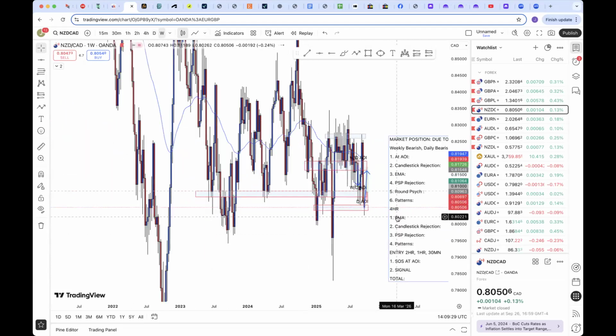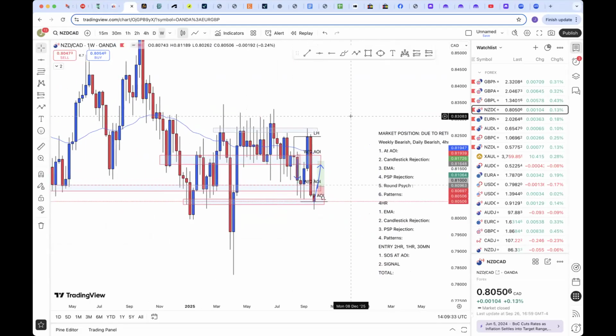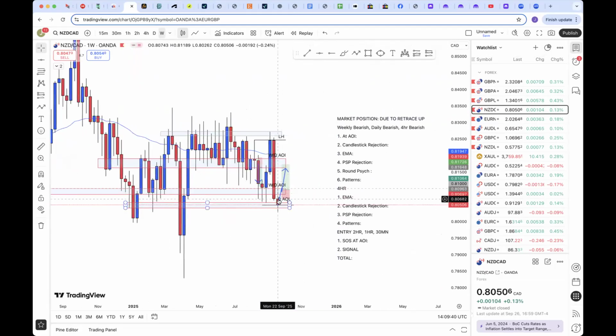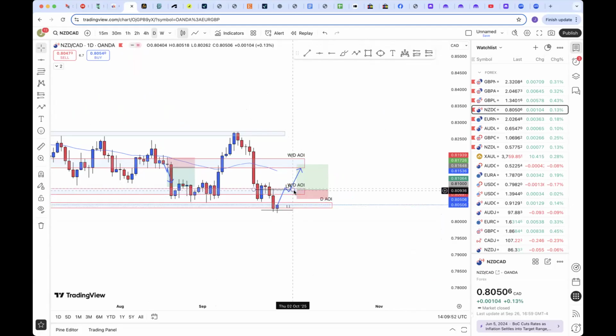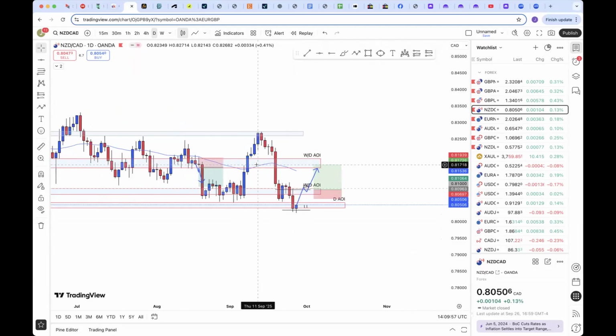Okay, the weekly, we're bearish, I think, on all time frames. And I'm expecting a retracement to the upside. So what I'm waiting for is, we're not there yet, but to have a break and retest of this weekly and daily area of interest to then buy. So that would be for a buy.